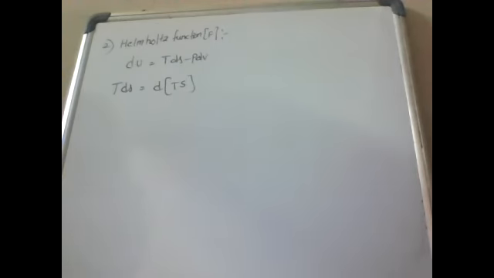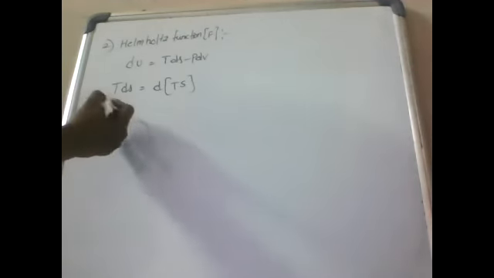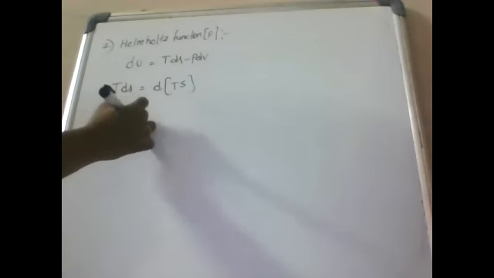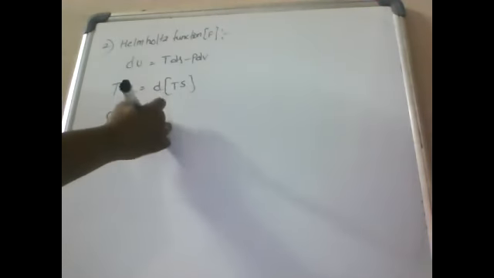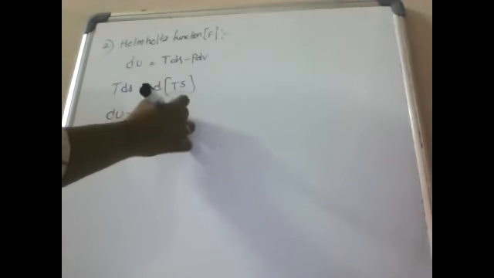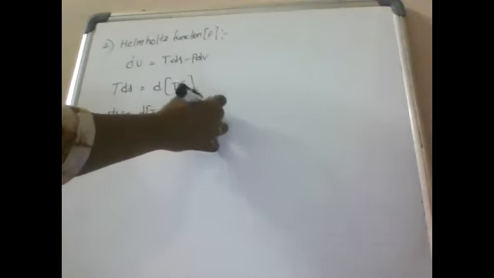So substituting the value of TdS in the above equation, we get dU equals d(TS) minus P dV.